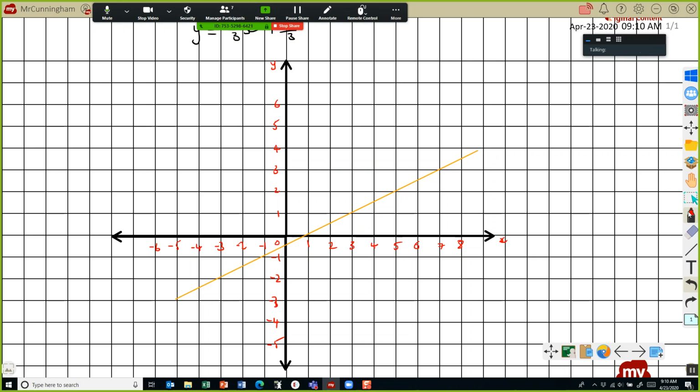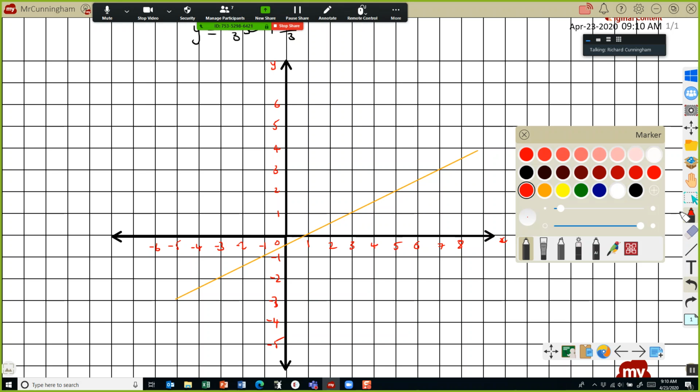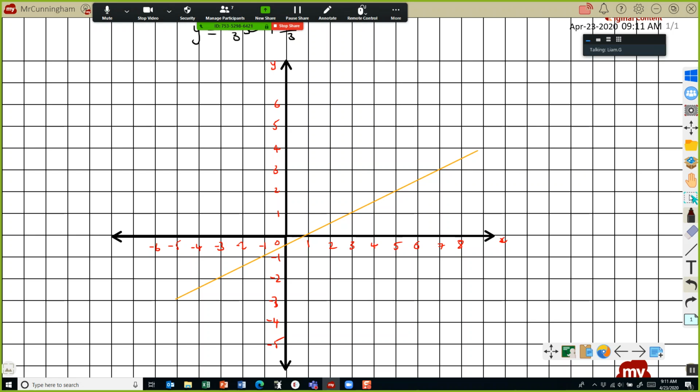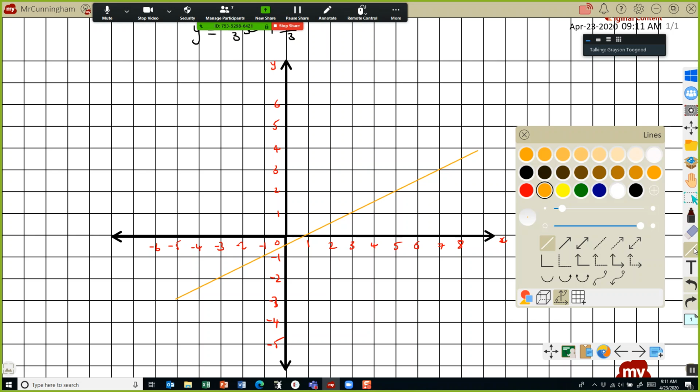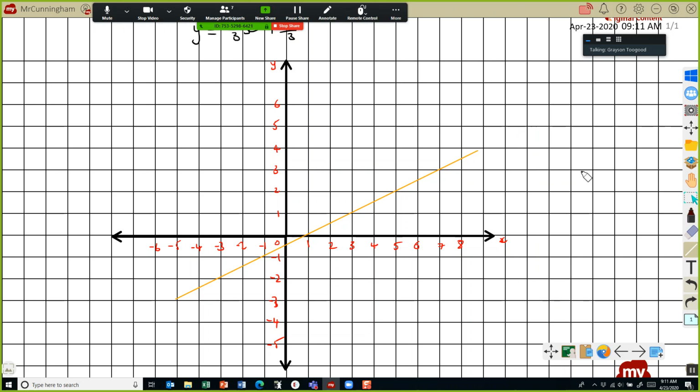And pick me another color. It's like a maroony, but that'll do. Oh no! Okay, that's like a brownie.